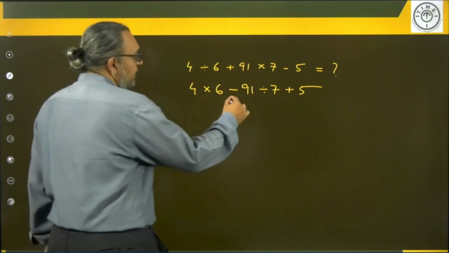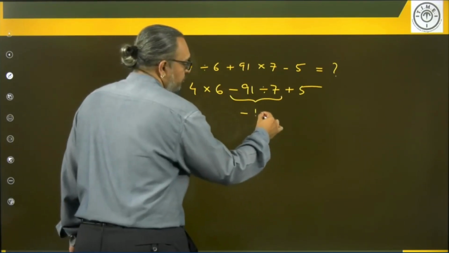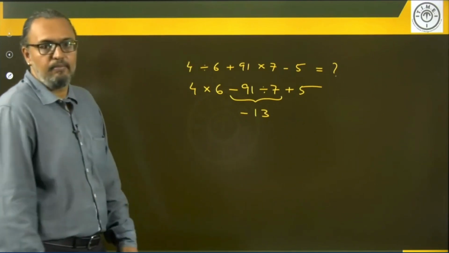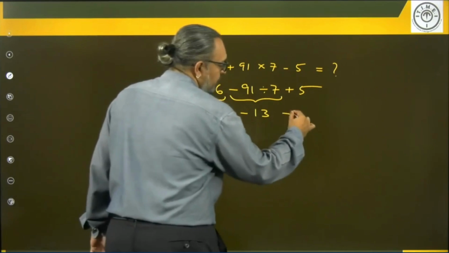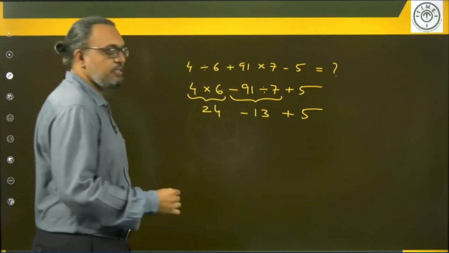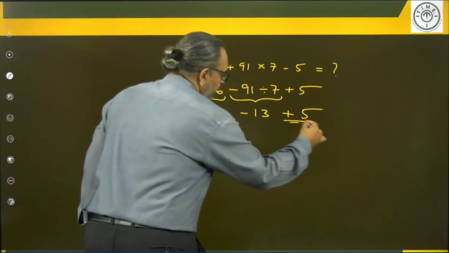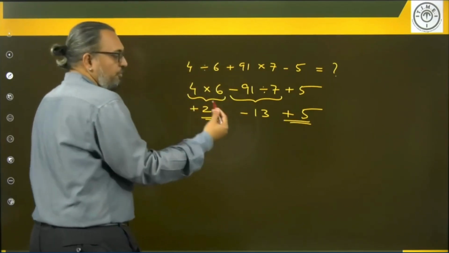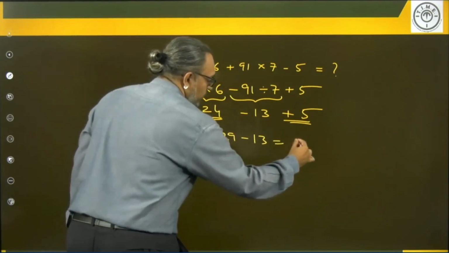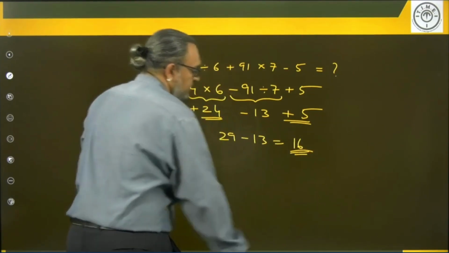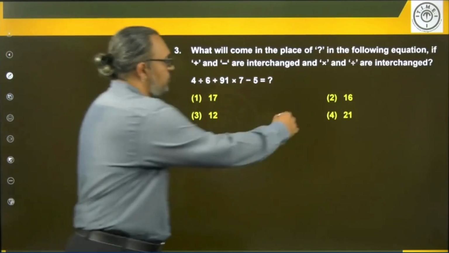Here we first start with division, so you will get negative 13, and then multiplication 24, and then plus 5 will remain as it is. Now we do 24 plus 5, because this also is a plus. 24 plus 5 is 29, minus 13. So you are going to get 16 as the answer, and 16 is available in choice 2.